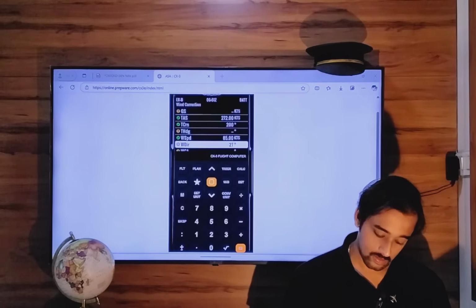So ground speed is 230.904, approximately 231 knots. Okay, so ground speed is 231 knots.